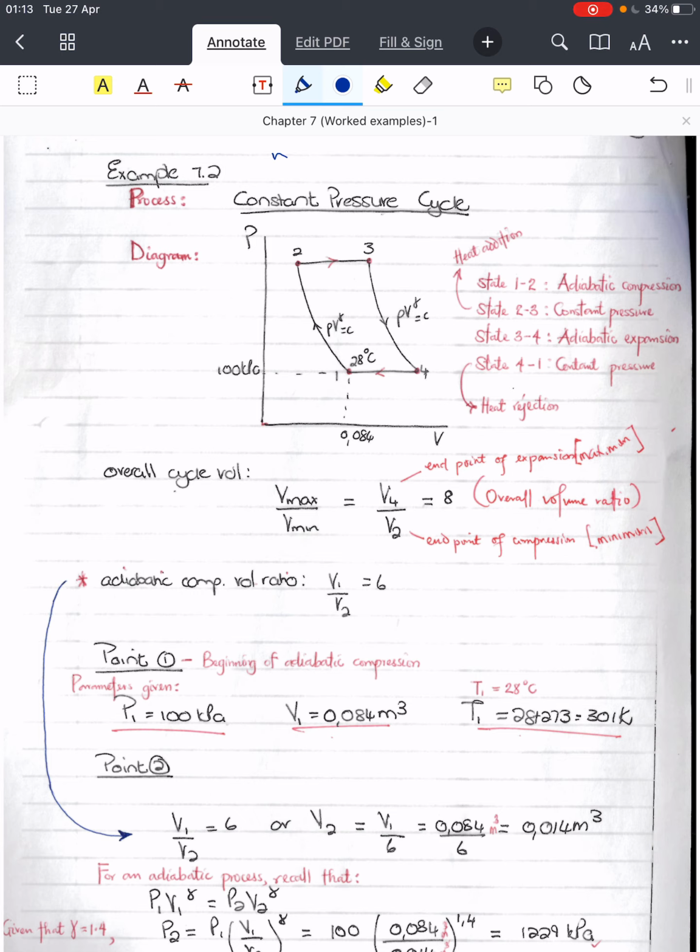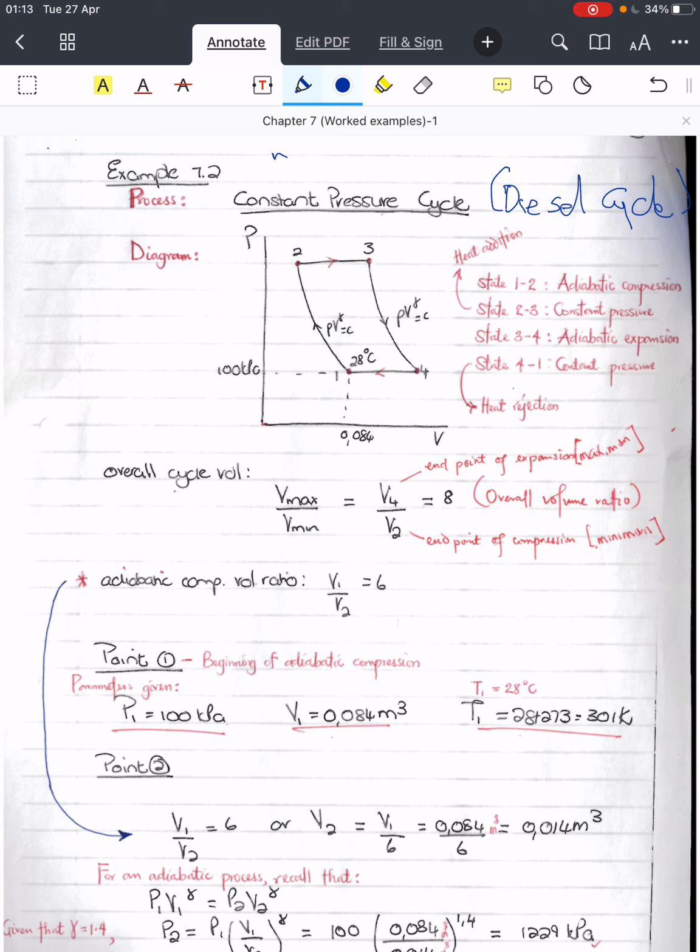All right, let's quickly read through the question. It says, in an ideal constant pressure cycle. Reading that constant pressure tells you straight away that it is a diesel cycle. It moves on to say the overall volume ratio of the cycle is 8:1.